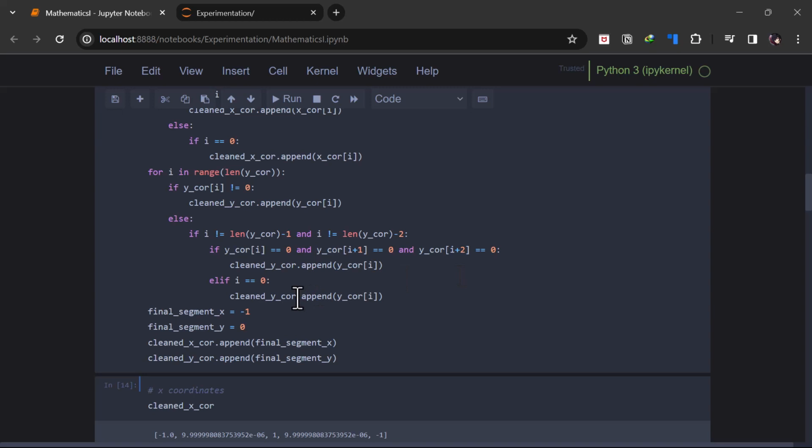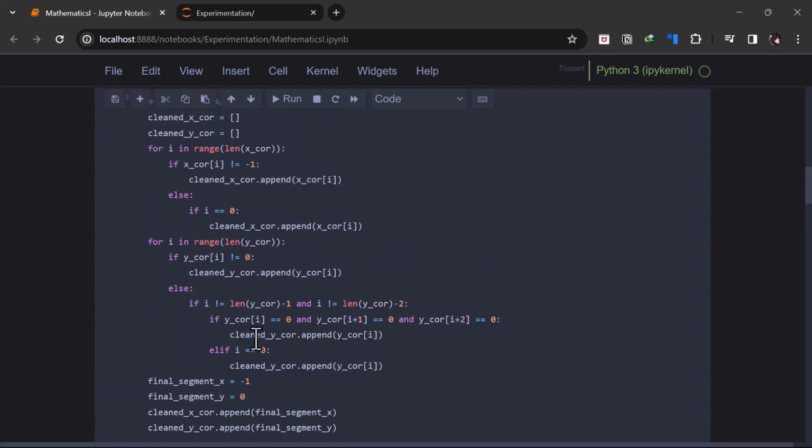So here it is, and this particular bit is only applicable to the y coordinate. Rest, i is equal to 0 for the first coordinate. Obviously, for our first coordinate, in both our x and y, we are having -1 and 0, right? So for x, we have -1, and for y, we have 0.